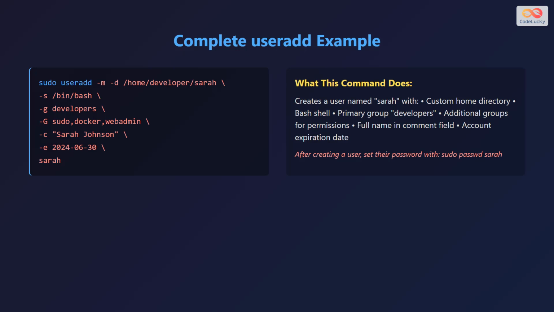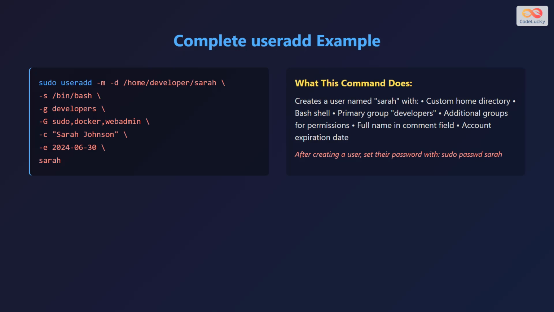Let's look at a complete example of the useradd command to see how these options can be combined. The command sudo useradd -m -d /home/developer/sarah -s /bin/bash -g developers -G sudo,docker,webadmins -c "Sarah Johnson" -e 2024-06-30 sarah creates a user named Sarah with several custom settings.